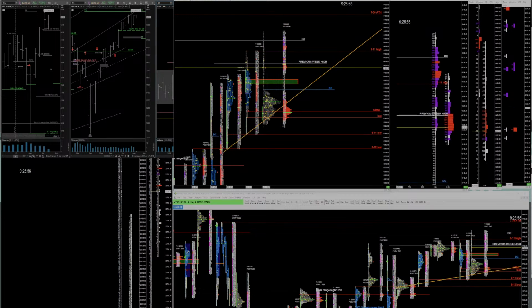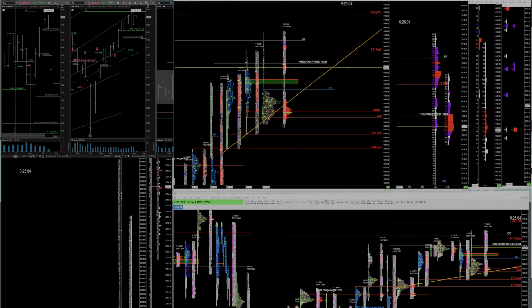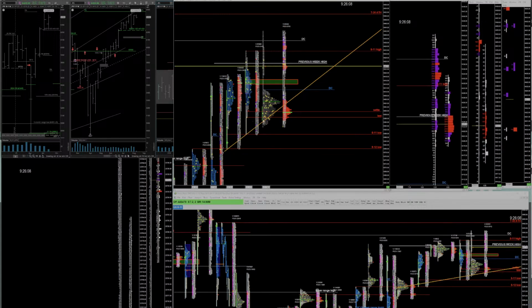If the market doesn't do anything regarding this, remember why I'm checking here and not here, right? Because this profile is in the way. The same distance that I have between this profile is about the same distance that I need when I draw this line. So around this area here, it just coincides with sale.